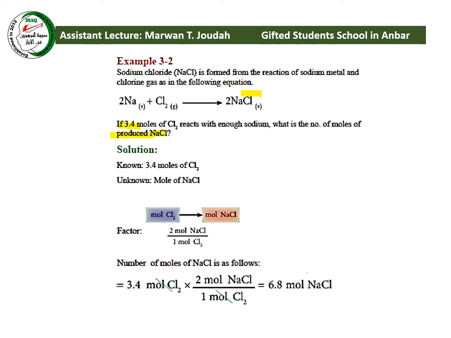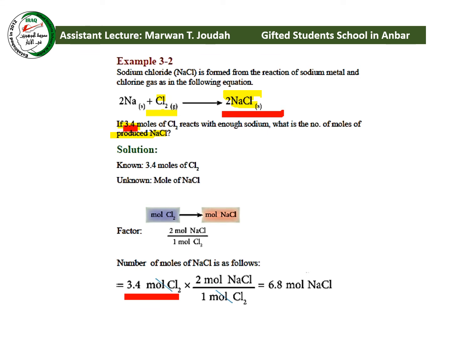This is the missing one, and we have 3.4 moles of Cl2. We will use the number of moles of chlorine, which is the known, to get the number of moles of NaCl, the missing. So 3.4 moles of Cl2 times 2 moles of NaCl.